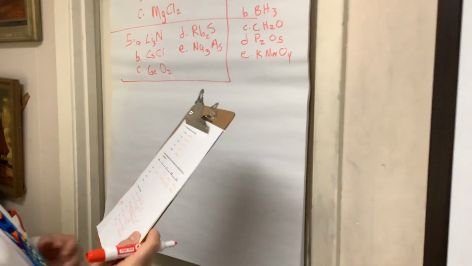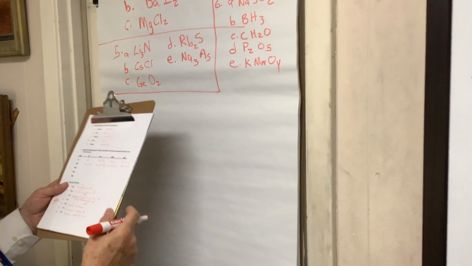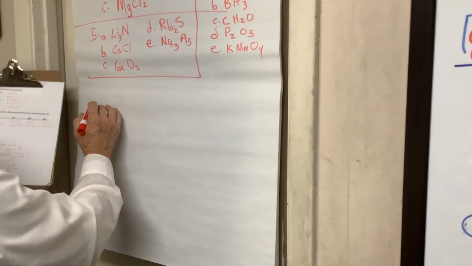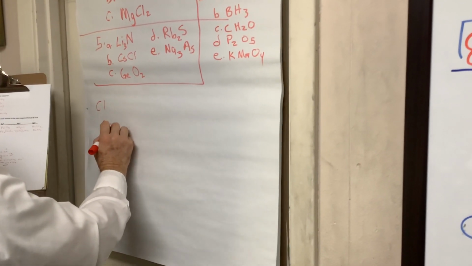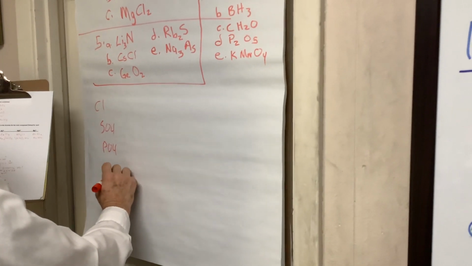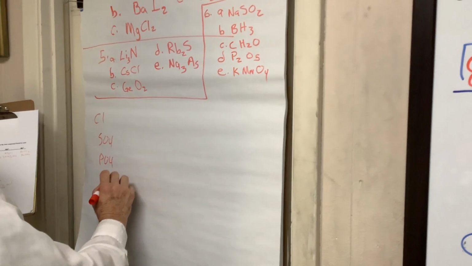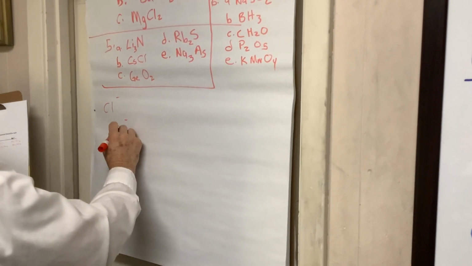Now, it says complete the following table by filling in the formula for the ionic compounds for each thing formed. And it has chlorine, sulfate, phosphate, nitrate, and hydroxide. These are polyatomic ions. Okay? This is a subscript 4.